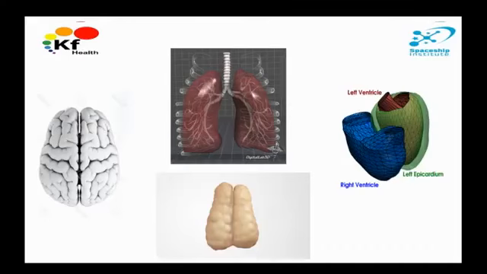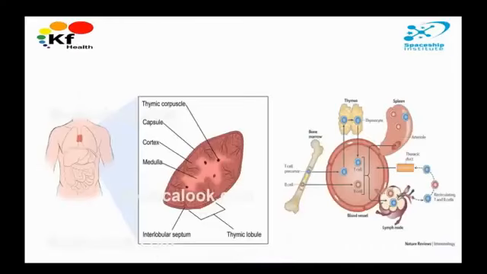Okay, the next slide is to show you the structure inside of the thymus. It is so equal to the structure of a lymph node because actually its main function is to organize the immunity, the defense system of your body.